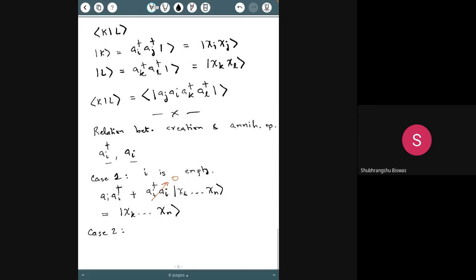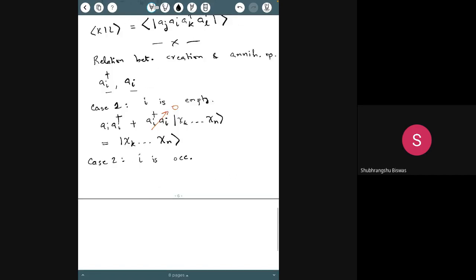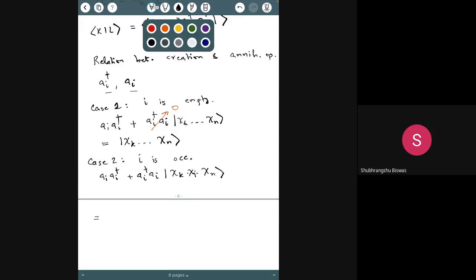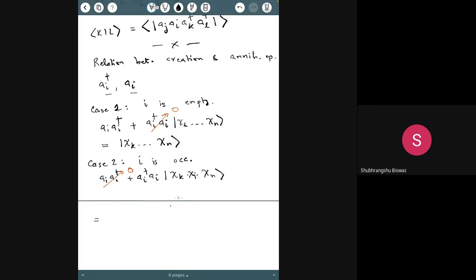Then case 2 is when I is occupied. Then the action of this string, say you have chi I somewhere. If it is occupied, then the first term is certainly 0, so you can only destroy it. But remember, you have to get I here, so you first generate a negative sign.